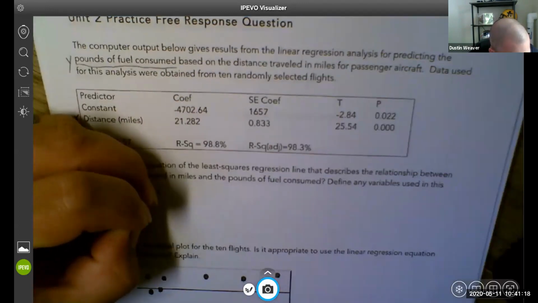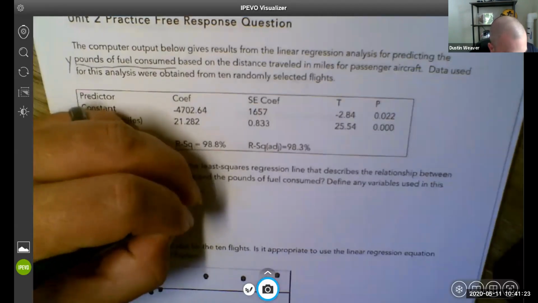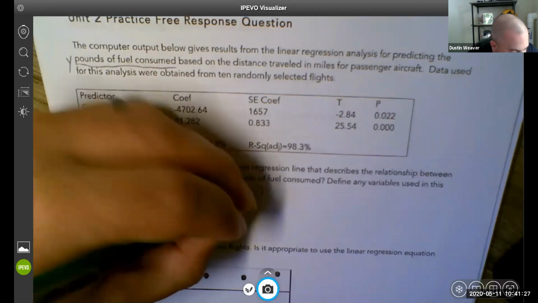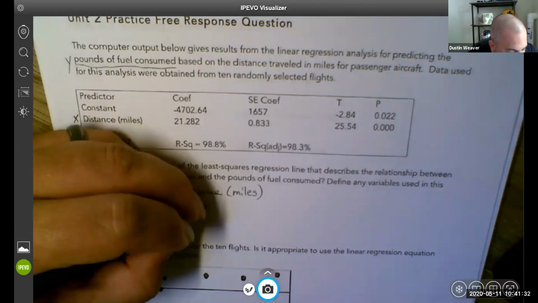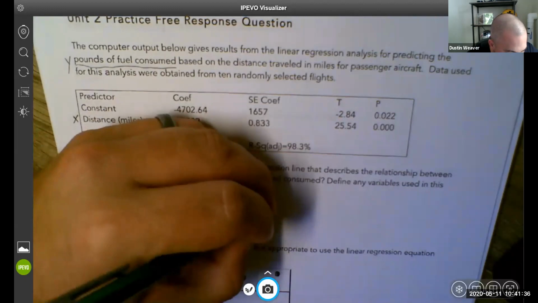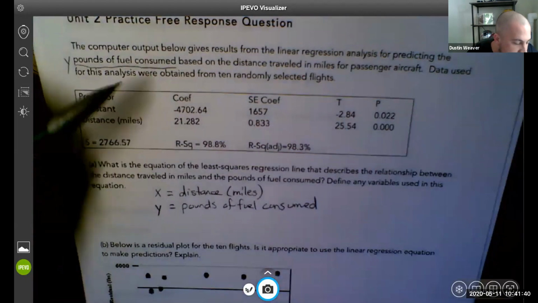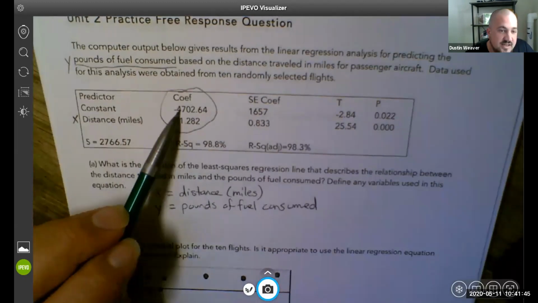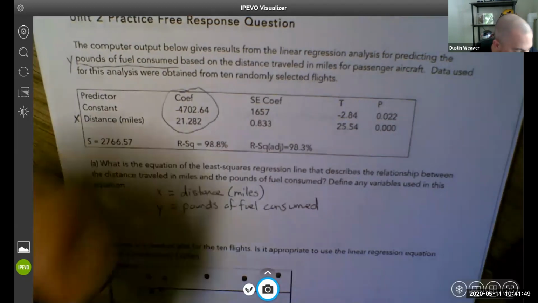So first of all, x is going to be defined as the distance in miles, and y is going to be defined as the pounds of fuel consumed. And we've already talked about how we get the constant coefficient, which is our y-intercept, and then this is our x, and you have your slope there.